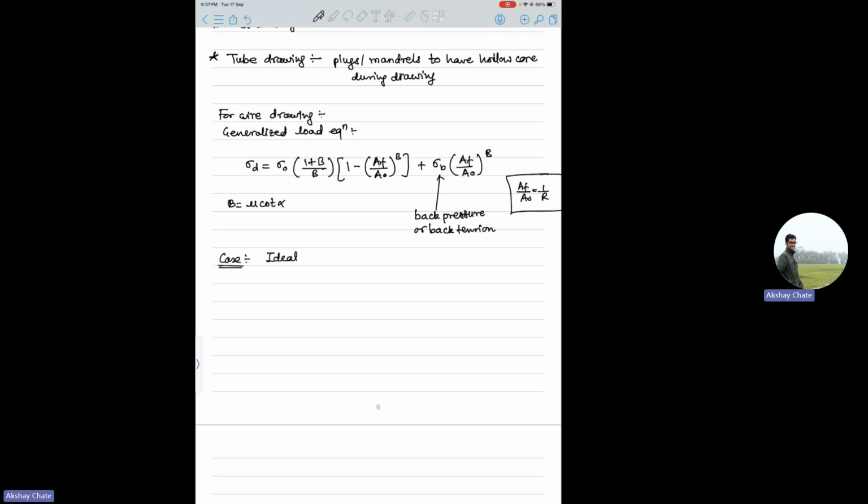And sometimes when they mention ideal condition, that means mu is 0 and therefore b will be 0, and also sigma b is 0. In ideal case, there is no back tension or back pressure. So your whole formula, typically, see, sigma b is 0, so this second term goes away. There is no issue there. But what happens to this first term? When you put b 0, you have 1 by 0. This ratio becomes 1 by 0.